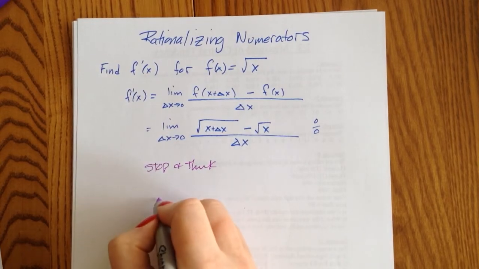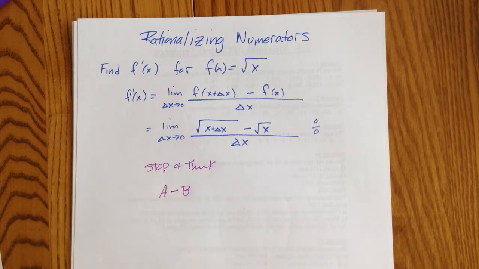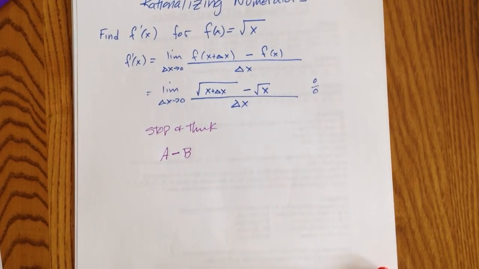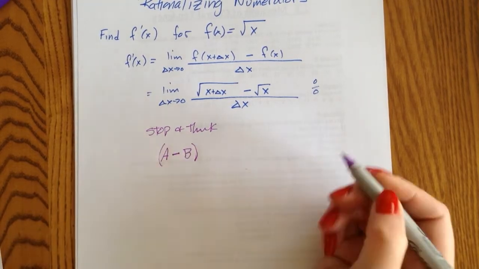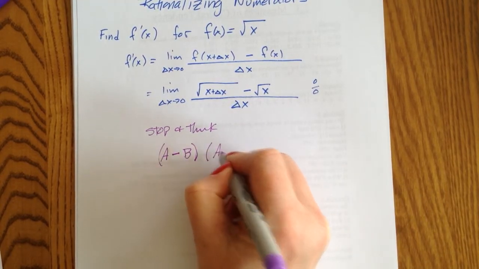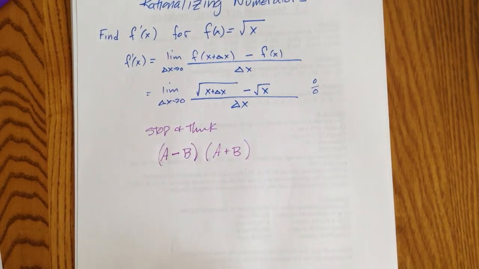All right, let's suppose, just out of the blue, I have A minus B. And I want there to be squares involved. Just roll with it, all right? I am going to remind you that if I multiply by A plus B, something interesting happens.